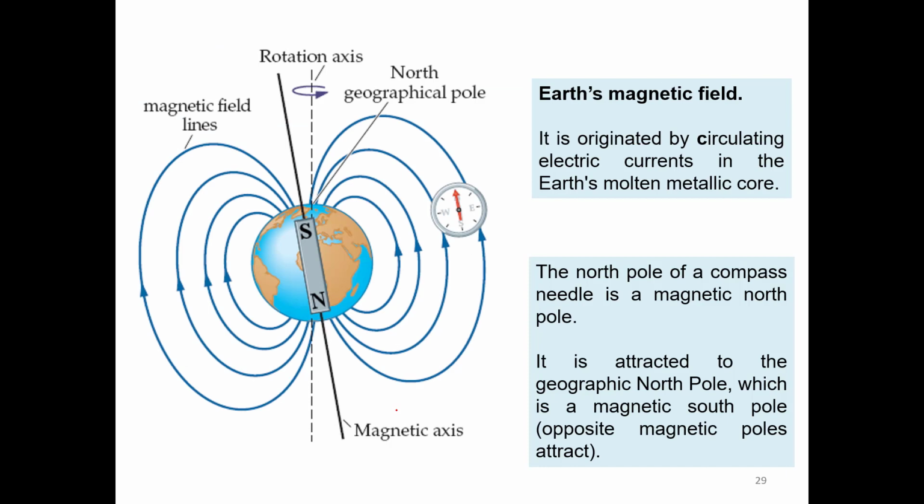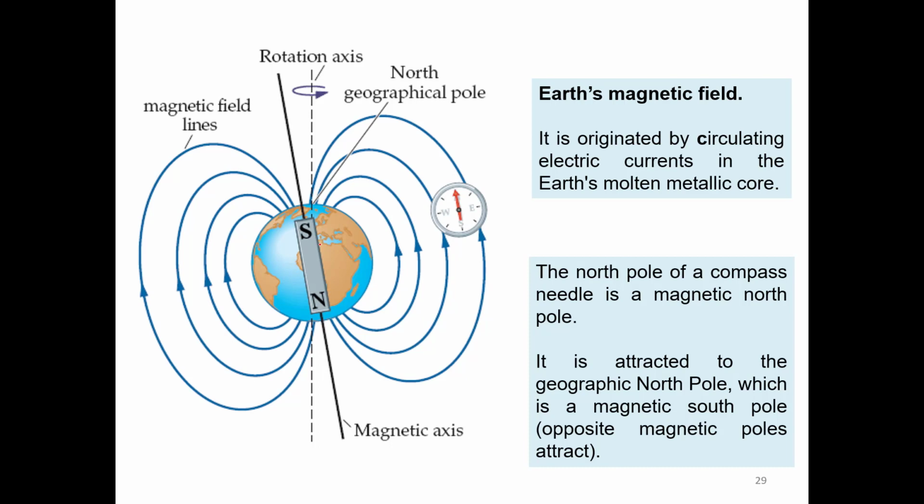One more thing we can explain here is the difference between the geographical poles of our planet, the Earth, and the magnetic field of the Earth. They are not the same. Let's explain why. We know the Earth has a big magnetic field due to the electric currents that circulate in its core.